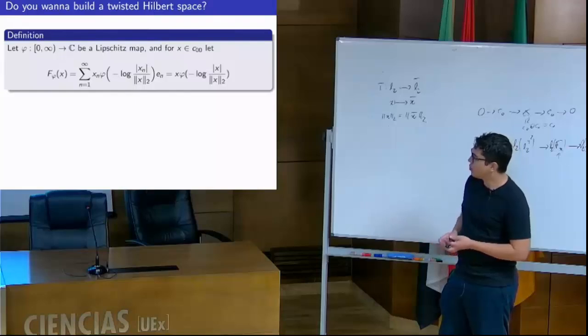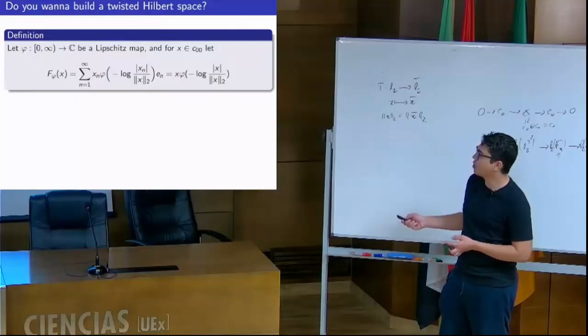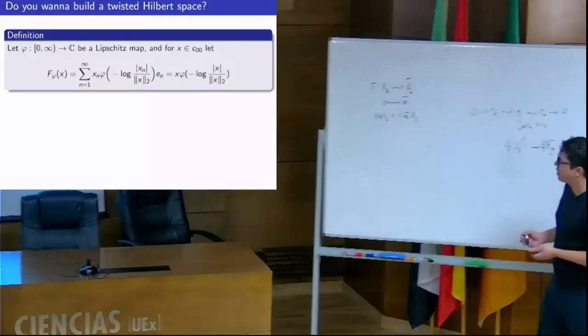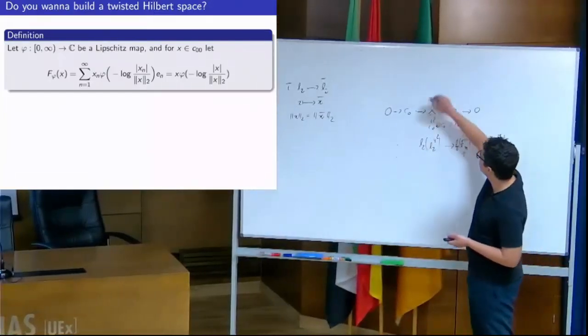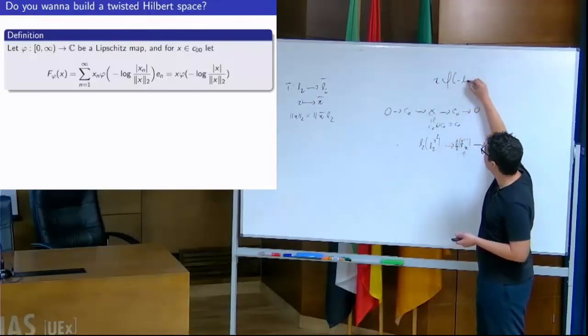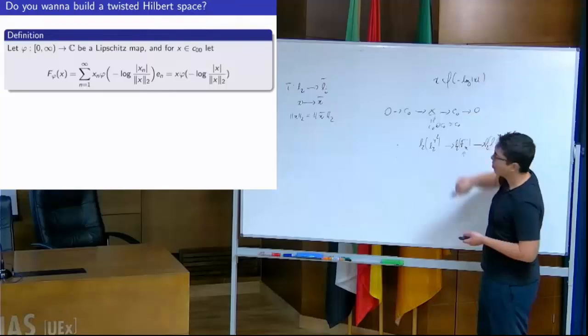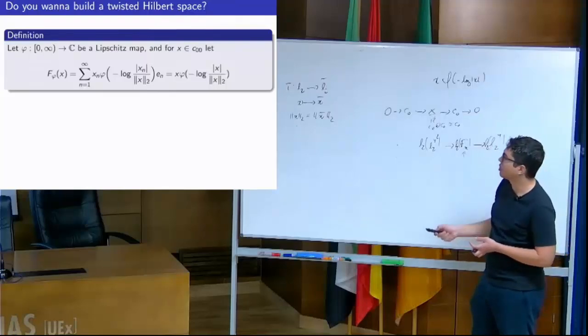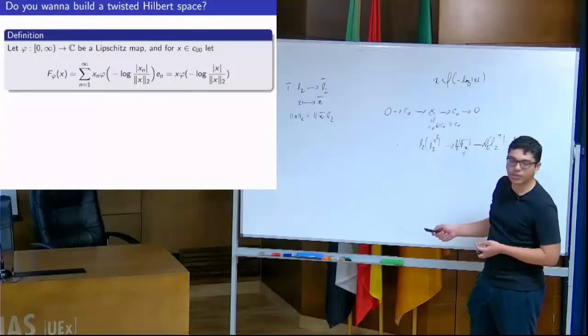And we abbreviate that by saying that we are multiplying x by phi of minus log of modulus of x over norm of x. We can do a further abbreviation, which simplifies things even more: x phi of minus log of modulus of x. So forget the norm here.